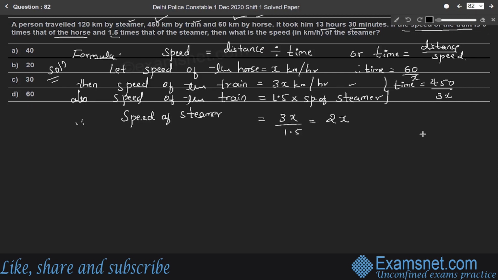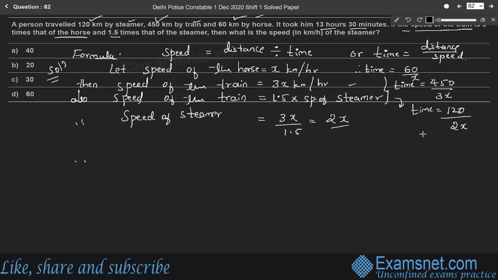In the third case, by steamer, the distance is 120 kilometers and the speed is 2x, so time is 120 by 2x. Substitute the values of times and equate this to 13 hours, 30 minutes.